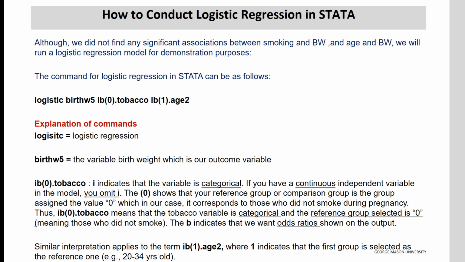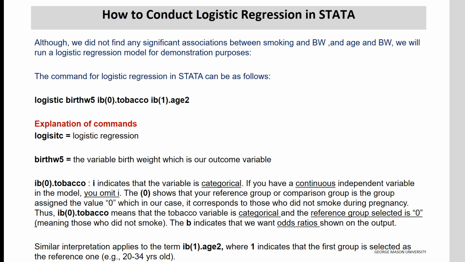The 0 in the parentheses shows that your reference group or comparison group for this variable is the group that is assigned the value 0. In our case, it corresponds to the group that did not smoke during pregnancy, and therefore that's the reference group.